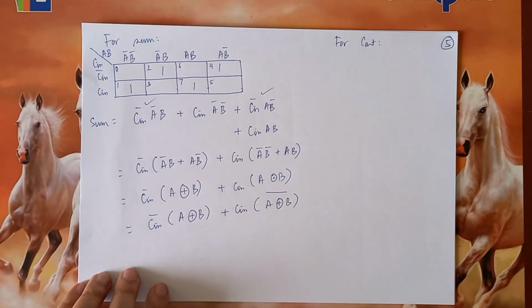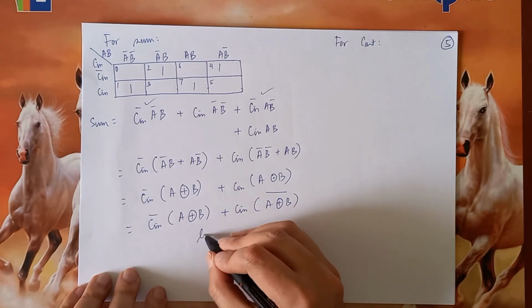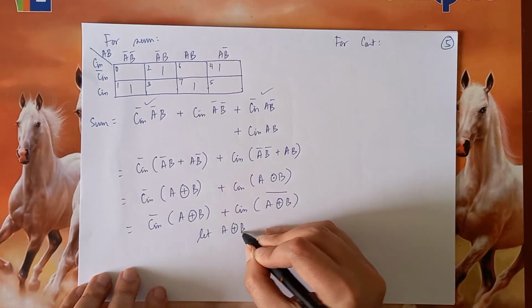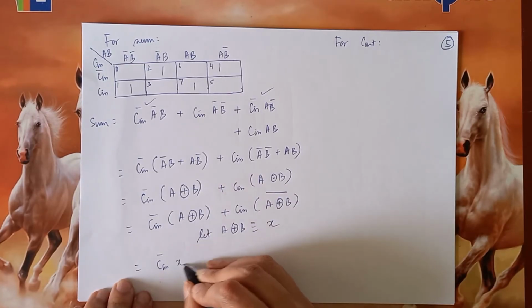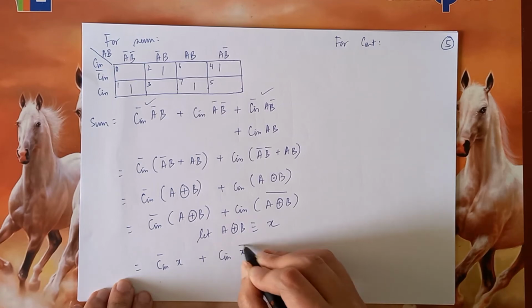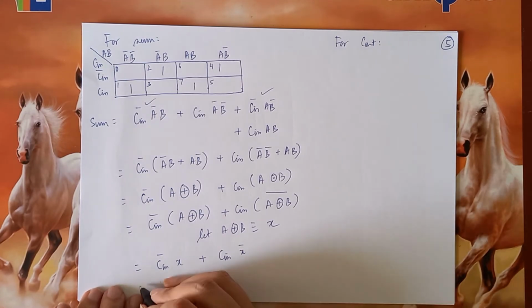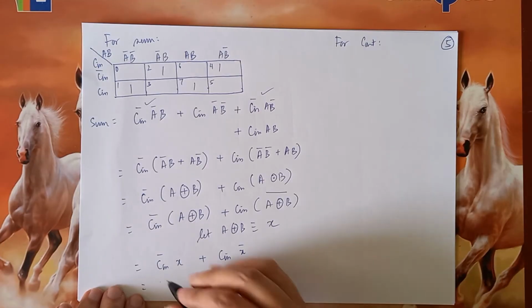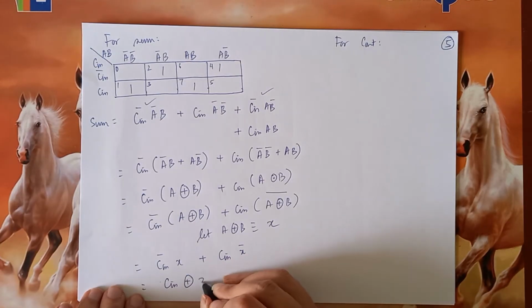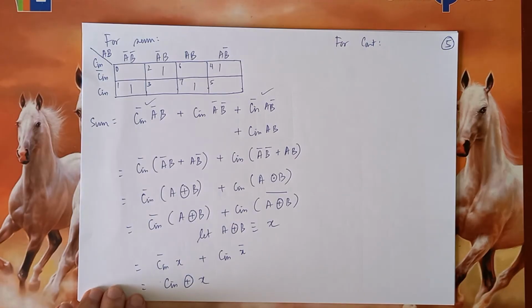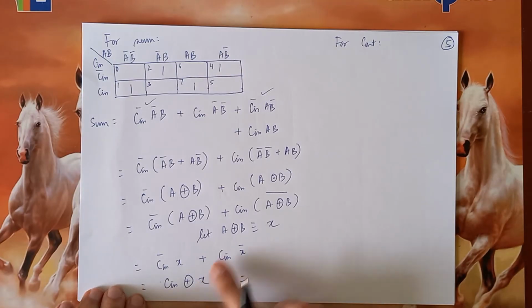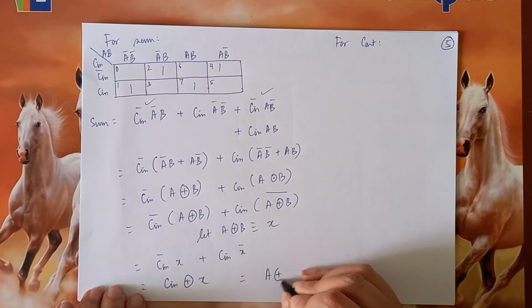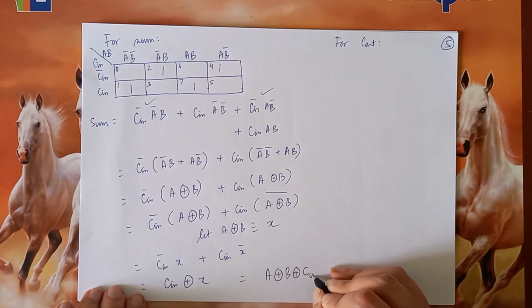Now suppose I call A XOR B as X. So therefore this expression would look like C in bar X plus C in X bar, which again looks like XOR, that is C in XOR X. So I can write this in a commutative manner and I can resubstitute what X is, that is A XOR B. So the sum is nothing but A XOR B XOR C in.